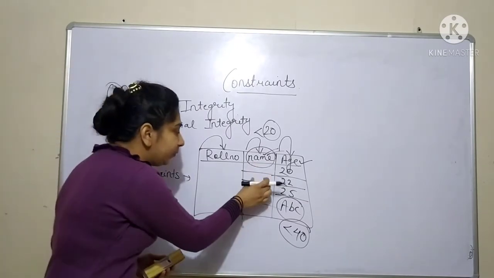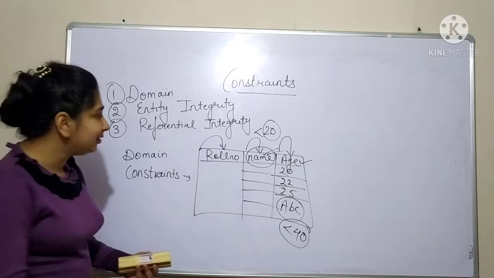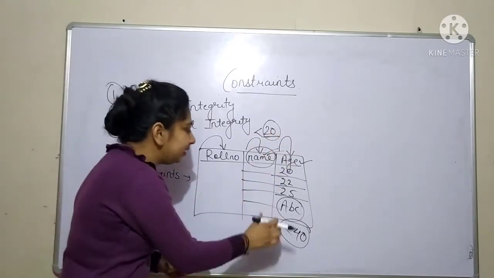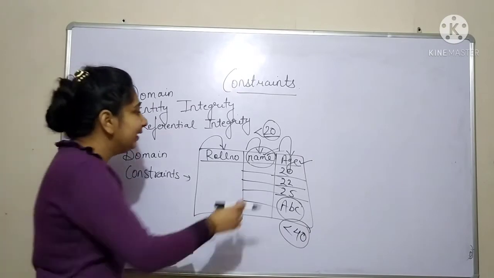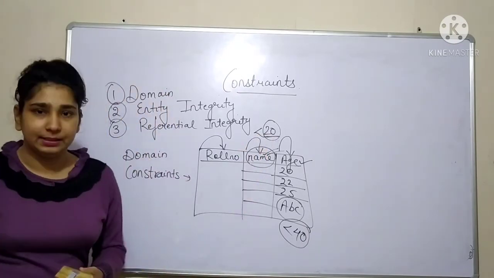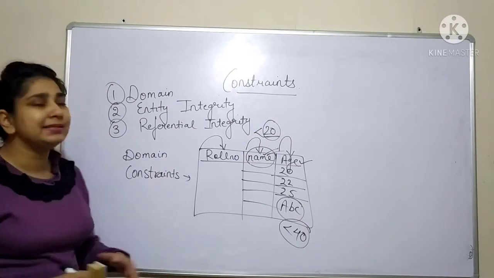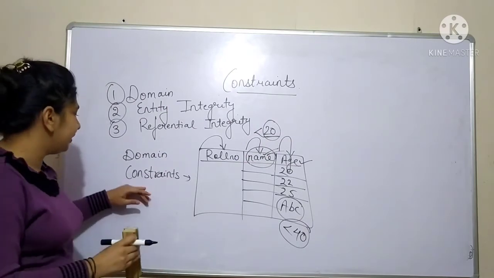So there would be no name whose length is greater than 20. Each and every name present in your table would have length less than 20. We call this kind of constraints domain constraints.